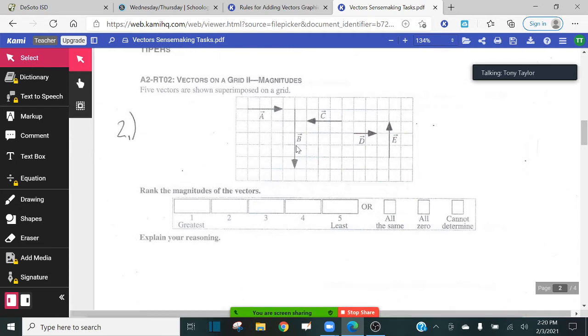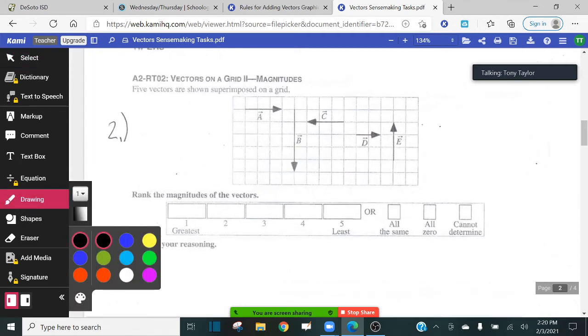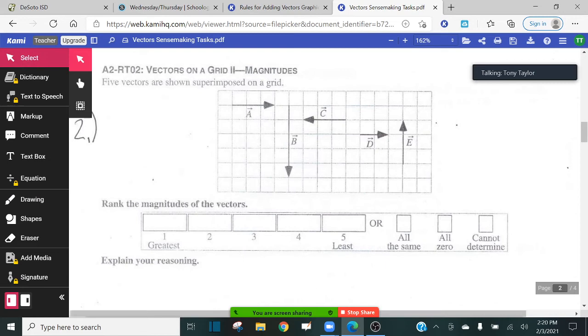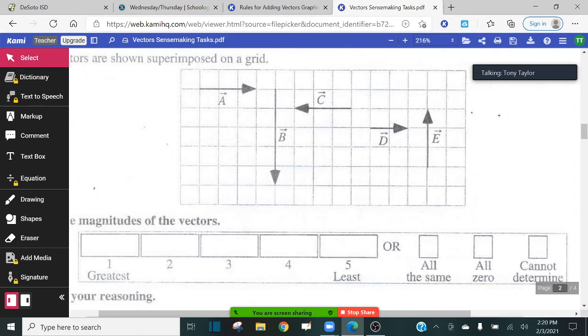All right, so for those of you guys that are saying B is larger, you are right. B has the greatest magnitude, right? Because this is 1, 2, 3, 4, 5 units long, and then after B, notice there's a tie between C, E, and A, right?